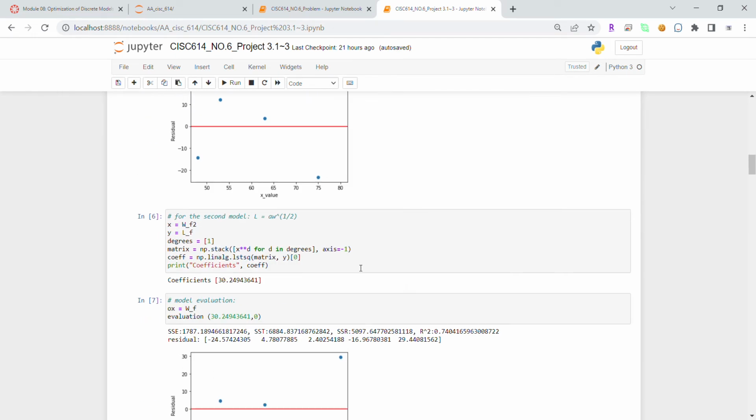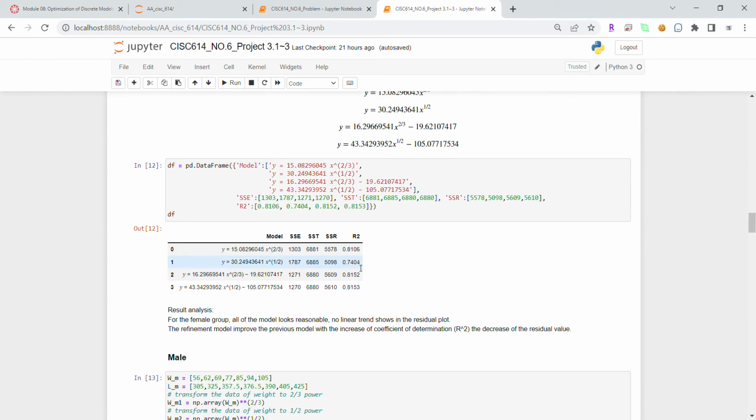And then the refinement model improved on the previous model with the increase of the coefficient of determination, which is the R square, and the value of the residue is smaller in the refinement model. So we could say the refinement model has a better fit for the given data.